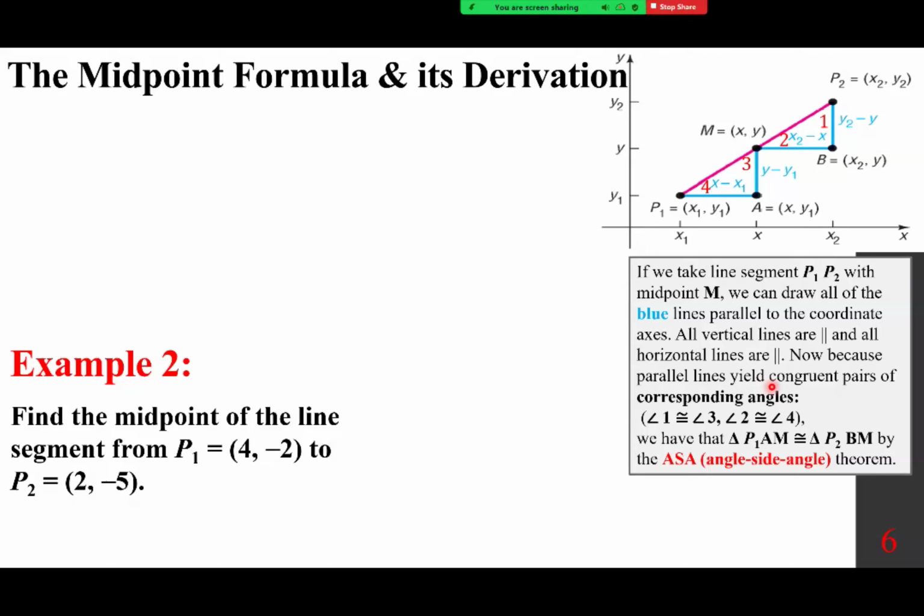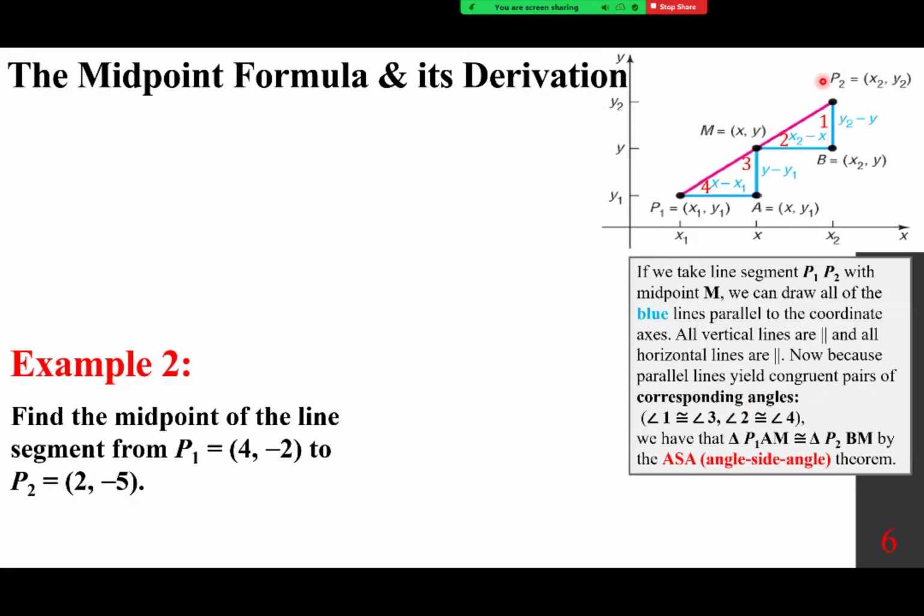Now, because parallel lines yield congruent pairs of corresponding angles, that means angle 1 is equal to angle 3, angle 2 is equal to angle 4. Of course, this is 90 degrees. And we know that this is the midpoint, P1M equals MP2.